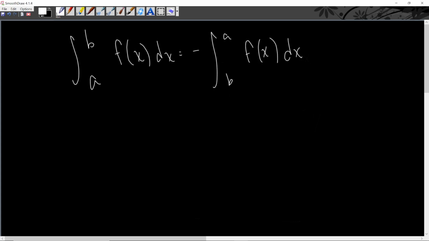This proof is going to have to use our formal definition of the definite integral. So let's write that out.